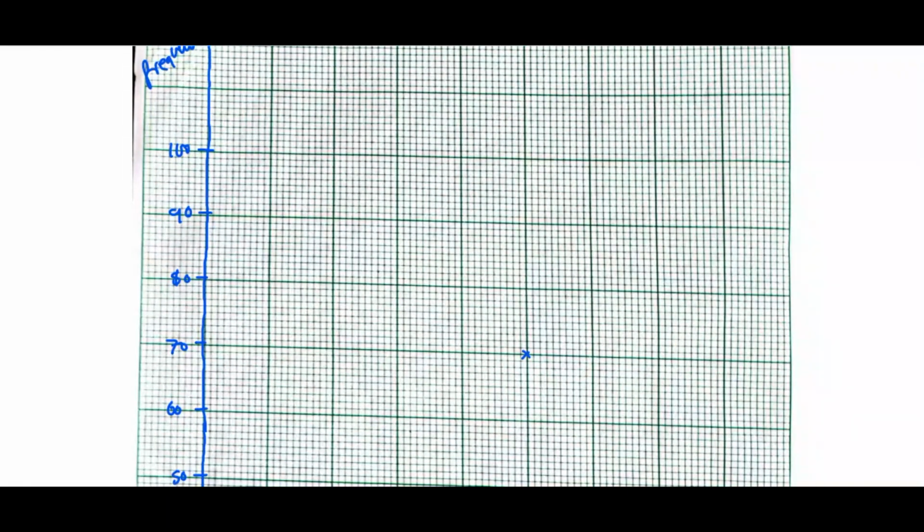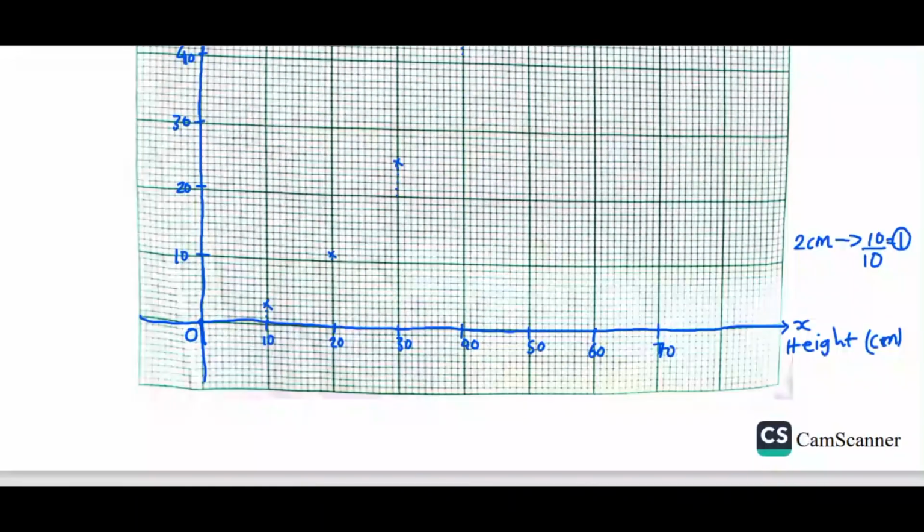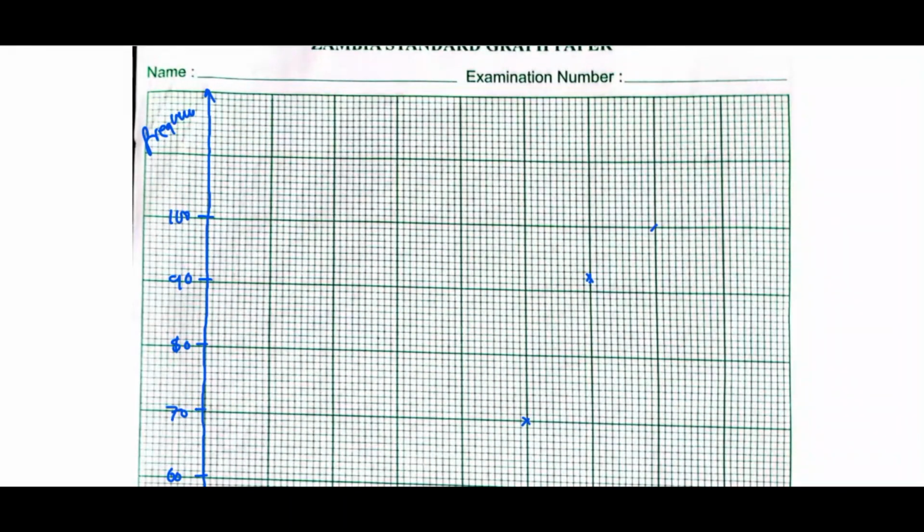If this is 50, 60,92 is here. Then the last one, 70,100. 70,100 is here.